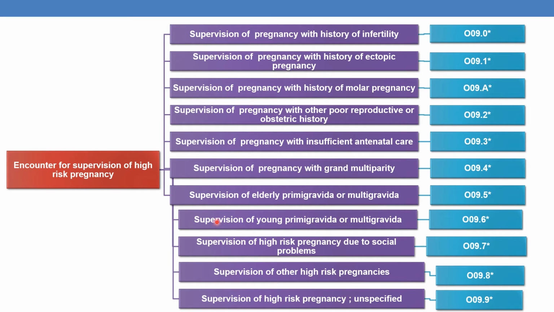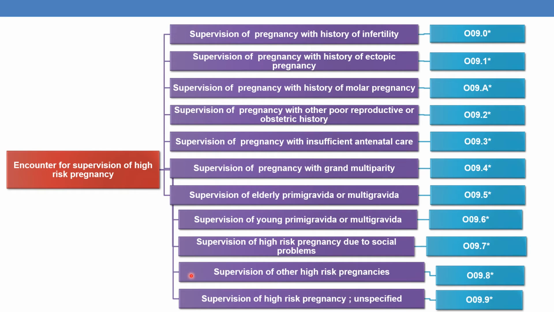The next is supervision of young prima gravida or multigravida. It is given by the code O09.6. Young indicates the patient must be less than 16 years of age at the time of delivery. The next is supervision of high-risk pregnancy due to social problems. It is given by the code series O09.7.